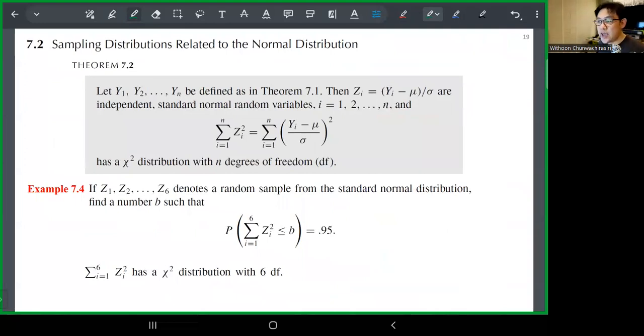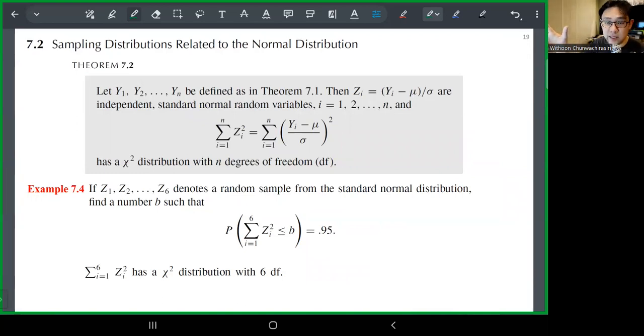Once you understand why we had to know how to find the distribution of a function of variables, this is what it is. I can conclude from what we just learned earlier. Look at this theorem. If y1, y2, all the way to yn are defined as in the previous theorem, which is normal distribution and so on, then look at this.